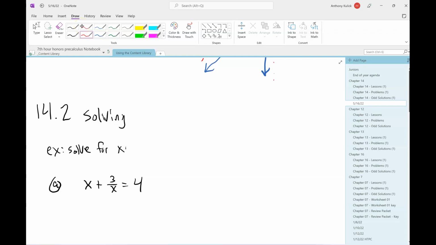So, first equation, we're going to look at x plus 3 over x equals 4. What's one way we could go about trying to solve this thing algebraically? Don't say type it in my calculator and graph. Although that's not an invalid way to solve it. I'm looking for algebraic techniques, though. What could we do?